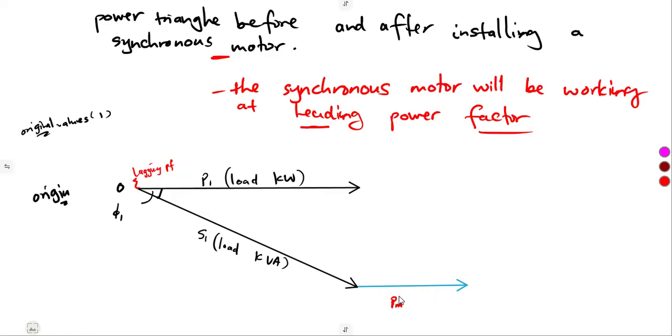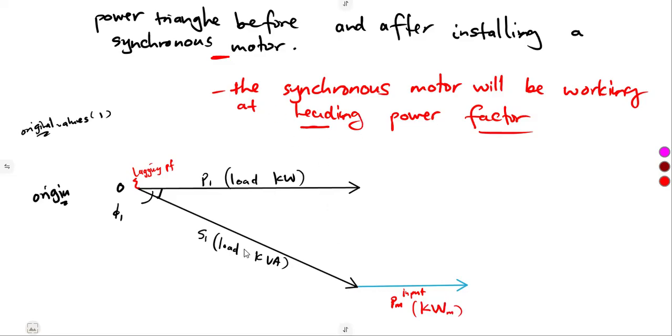And whenever we're talking about the motor, it is the input power that we're talking about. That is the true power, or simply the kilowatt, just like the load kilowatt, but this one is for the motor. So let's put M to represent the synchronous motor that we connected, which is working at a leading power factor.